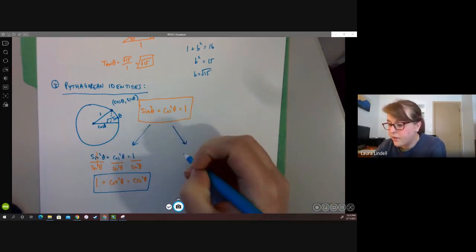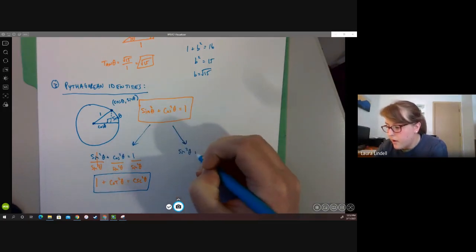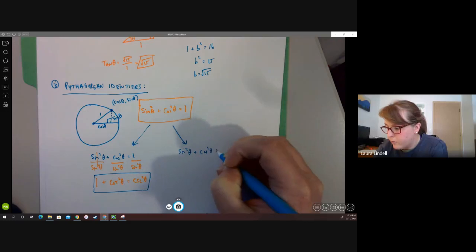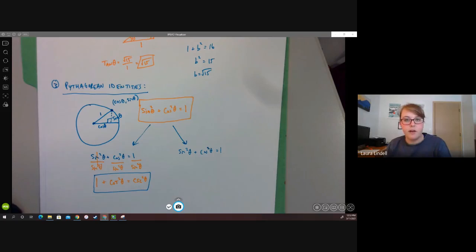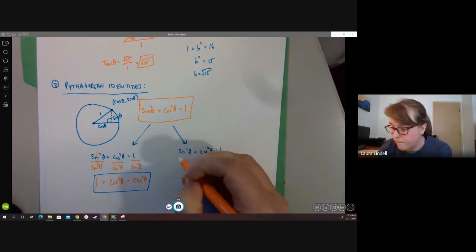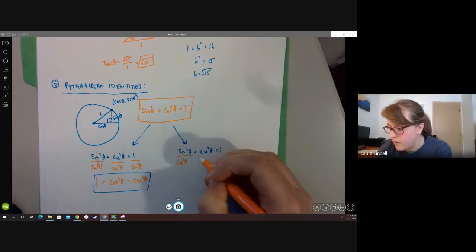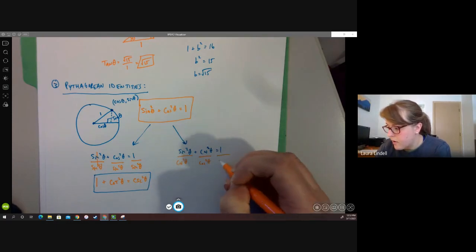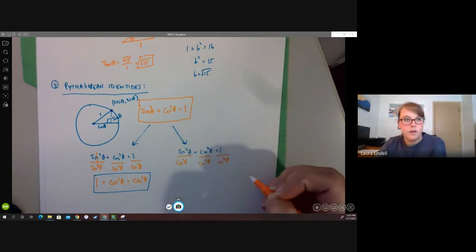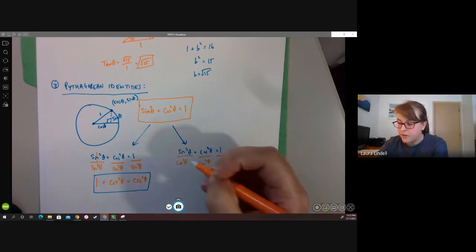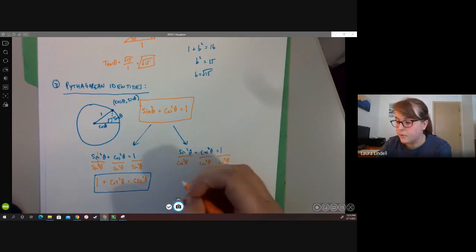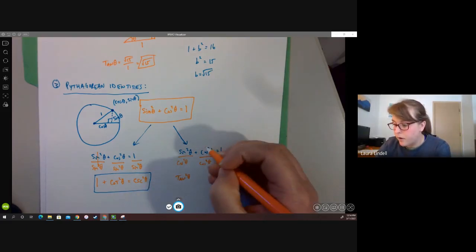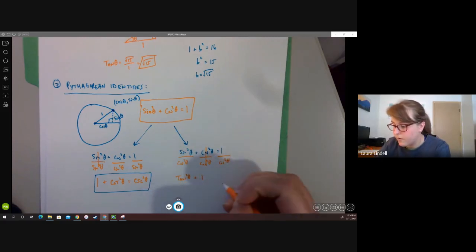Well, what if I took sine squared plus cosine squared equals 1 and instead of dividing by sine squared, I divide by cosine squared on everything? Then we have sine squared over cosine squared, which is just tangent squared. Cosine squared over cosine squared is 1.